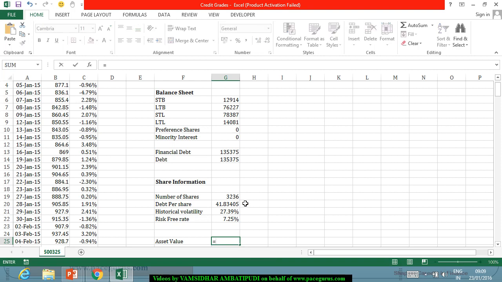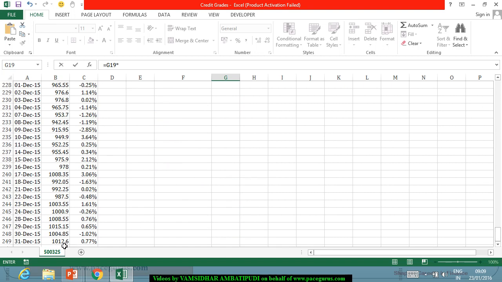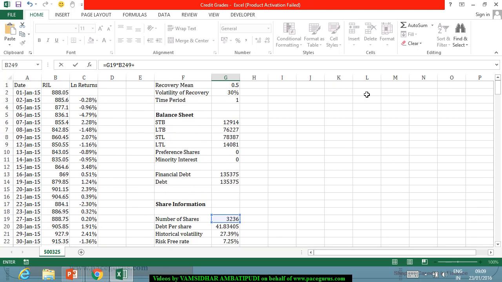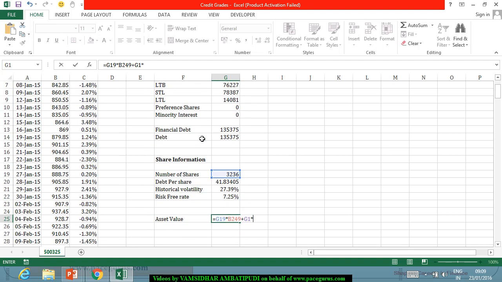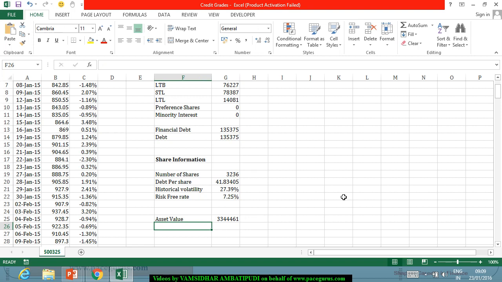The equity part is the number of shares multiplied by the ending share price. This is the equity part, and the pi bar is 0.5 times the value of debt we have already taken. This is the value of debt. So this is giving me that my asset value is this one.